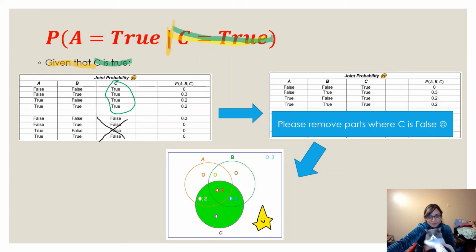What we're going to look for is, out of this slice where C is true, what's the probability that A will be true? So we're going to look out of the slice of C, what's the probability that A is true? But we got rid of everything where C is false. So we can just hone in on the outcomes where C is true.